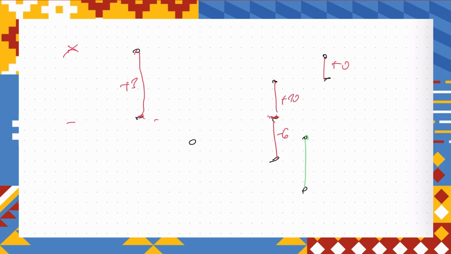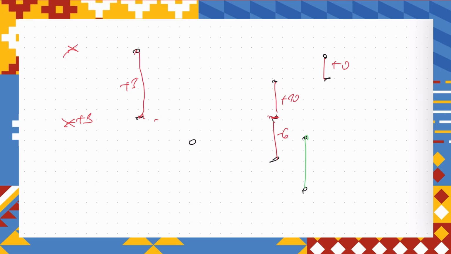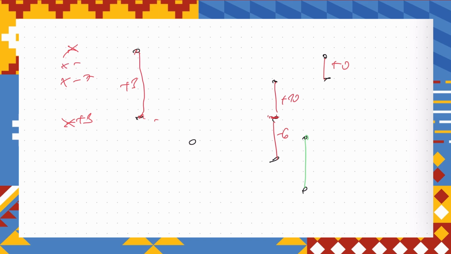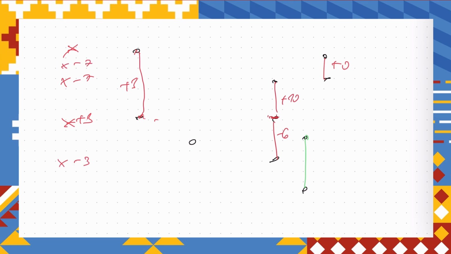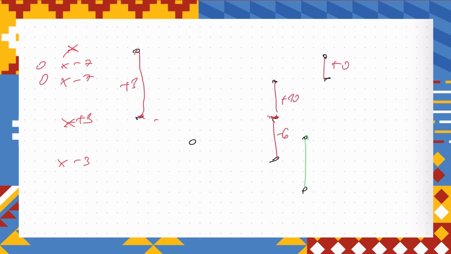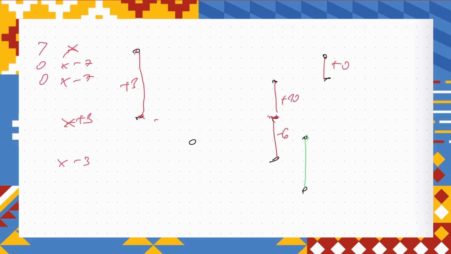So if this value is x, then this value would be x+3. Now this value here would be x-7. The one just above it would also be x-7, and the one here would be x-3. So now the smallest possible values for these particular row values would be 0s here, a 7 here, a 10 here, and a 4 here.